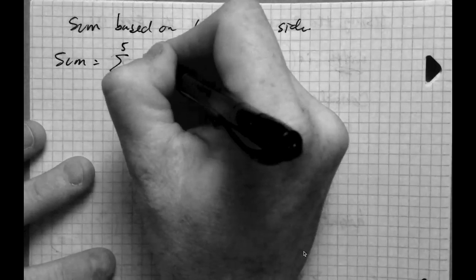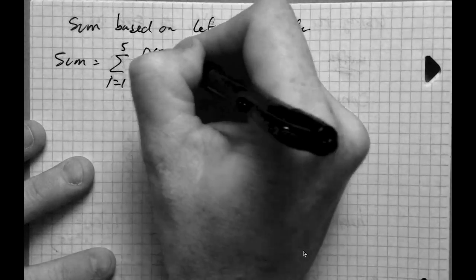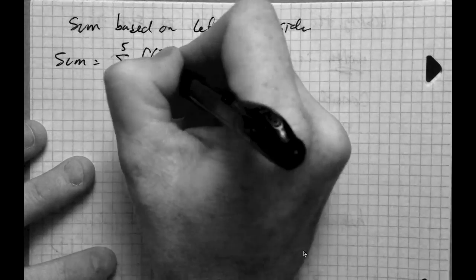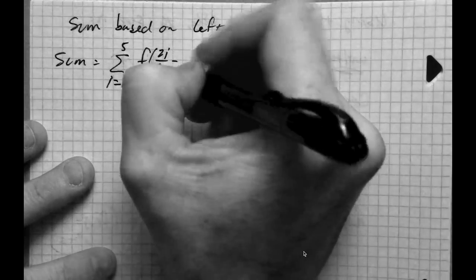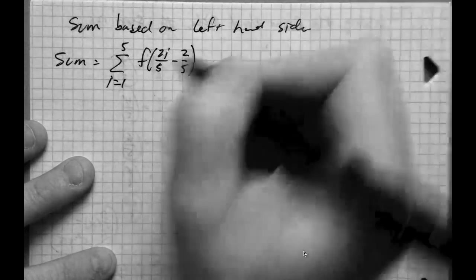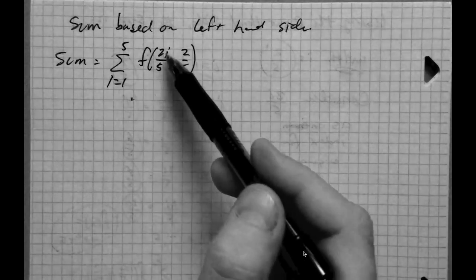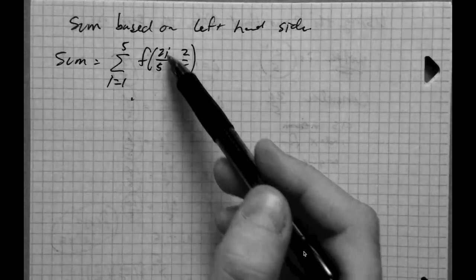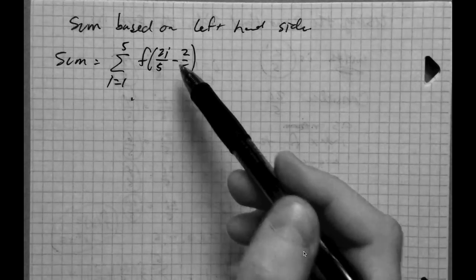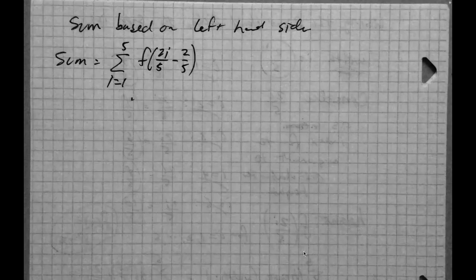The height turns out to be somewhat different. I'll just write it and let you confirm it. Each of the arguments that you plug in is 2i over 5 minus 2/5.